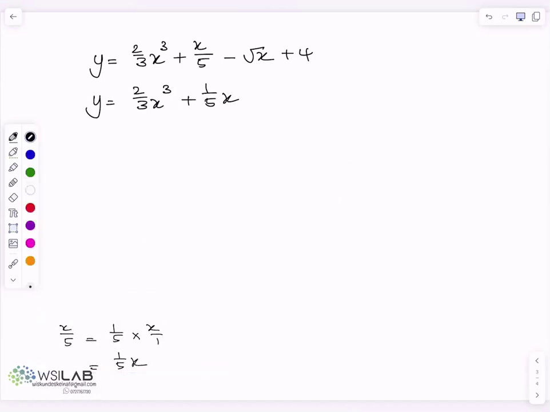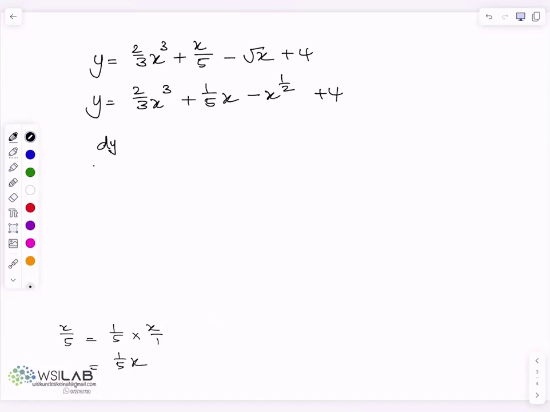Okay, and that root of x is the same as x to the power of half. Yes, because x under a root has an invisible 2 there, and then I divide the exponents with one another. And then plus 4.